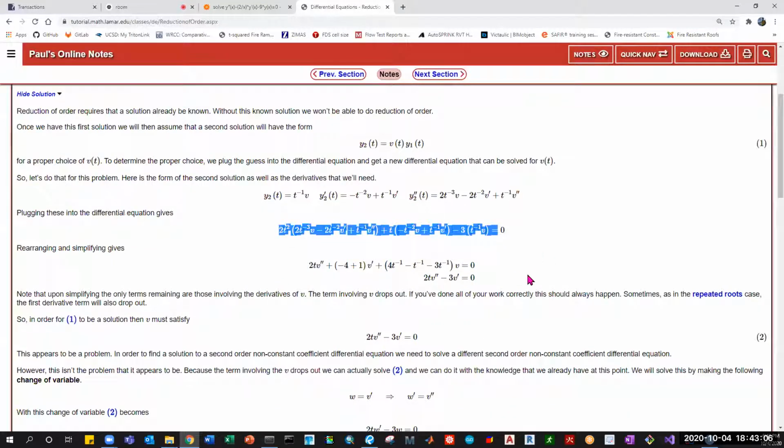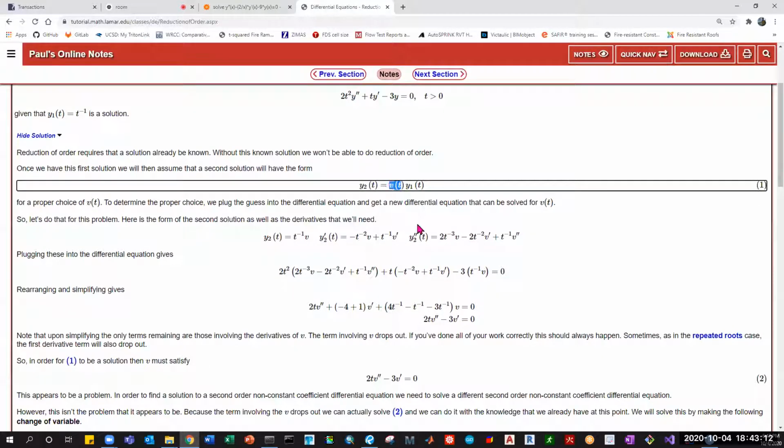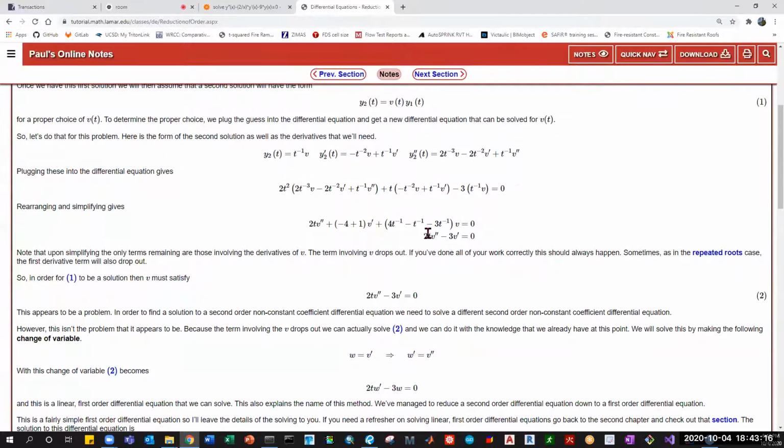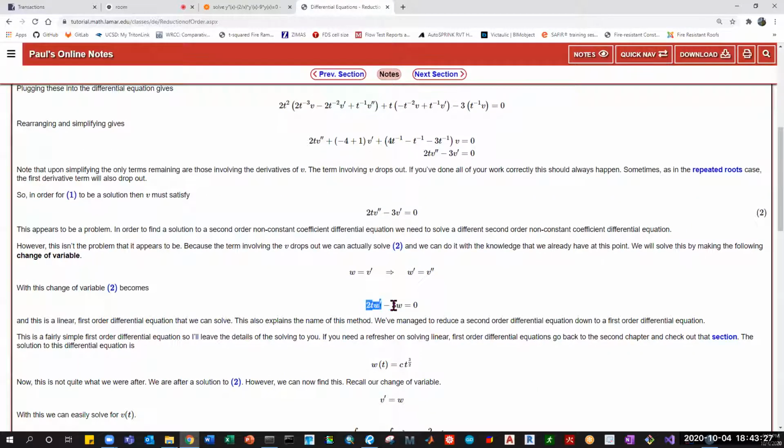Once you simplify, you get the equation in terms of your variable coefficient, v in this case. Then you apply a reduction of order by assuming a change of variable that's one order less than your variable coefficient. And I think that's where we're at. After you do that, you get this.